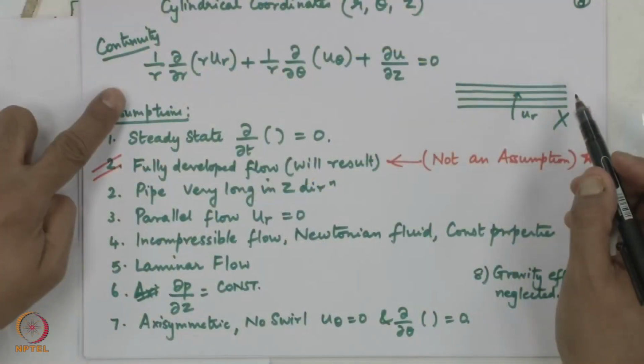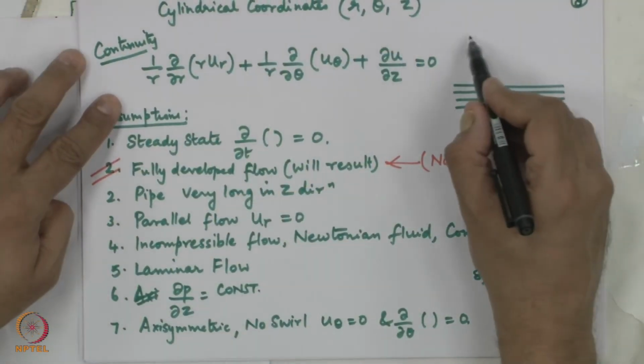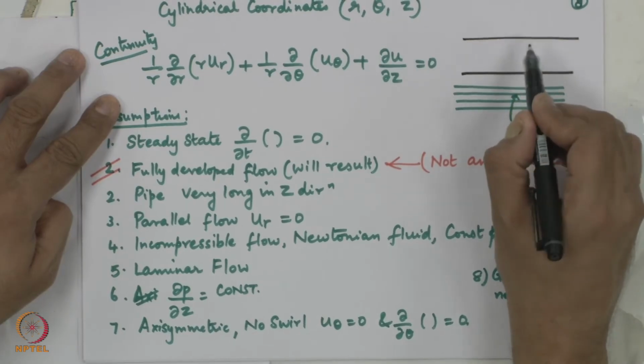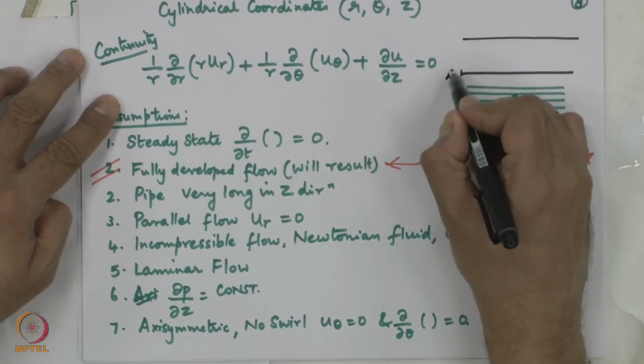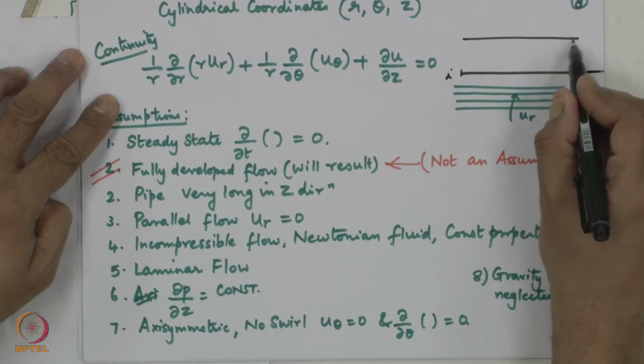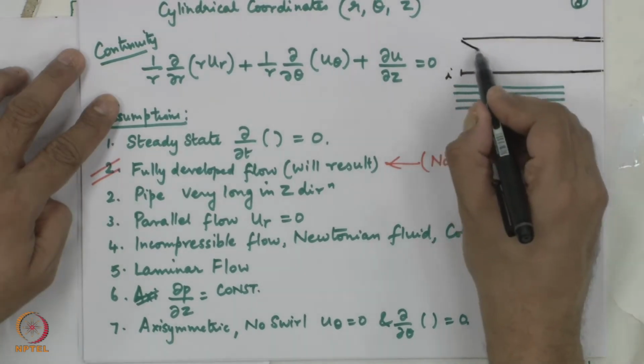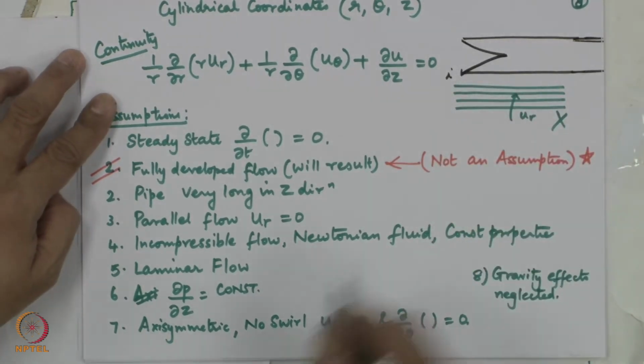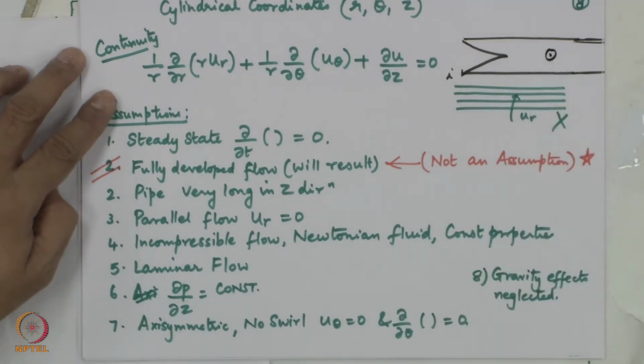Okay. So, with these assumptions, I have already written only the steady state continuity equation: 1 by r d by dr of r u r. So, if this is the pipe, you are at some random location. This is the inlet, and this is somewhere going further straight, your boundary layers have merged, you do not have any component u r, you are somewhere in this part of the flow.